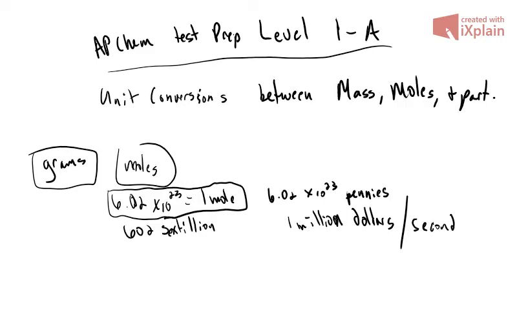I may butcher this completely. I saw it on a video once and I'm trying to remember it. 6.02 times 10 to the 23rd pennies on the day you were born. You spend $1 million a second. On the day you die at 100 years old, you would still have 99% of your wealth left over.